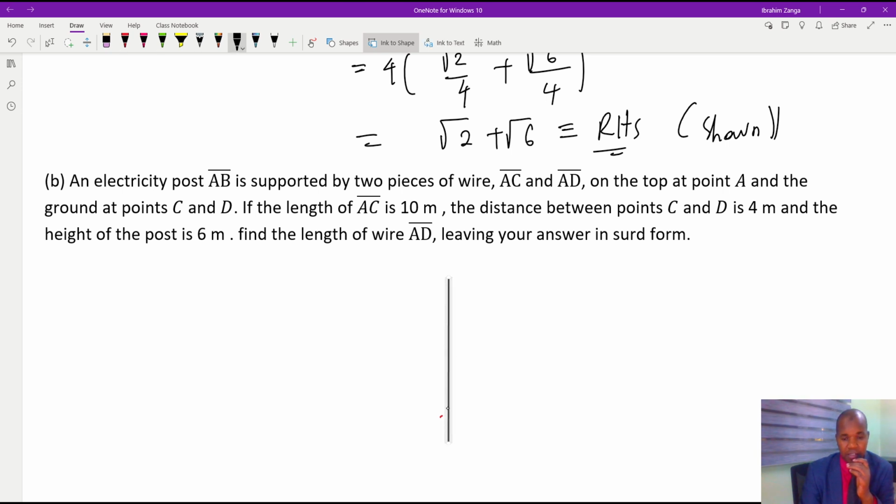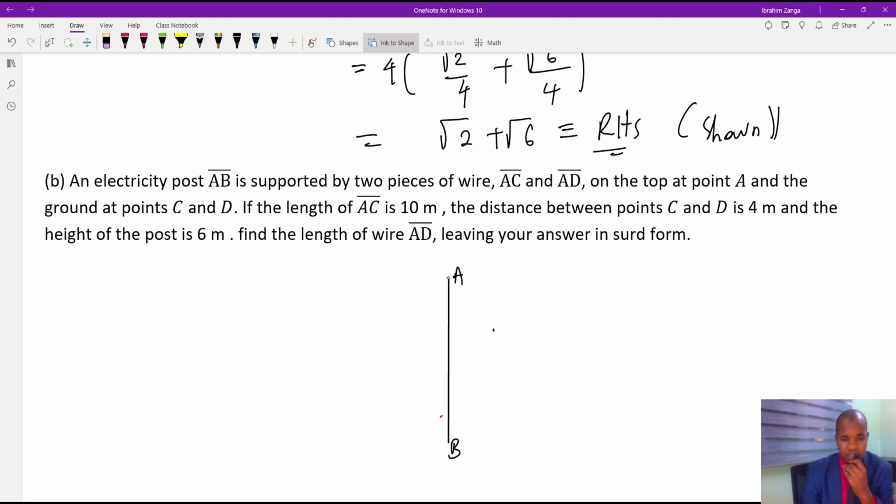So you have a triangle. Actually, we have a post. Now this is our post AB, and this post is supported by 2 wires.